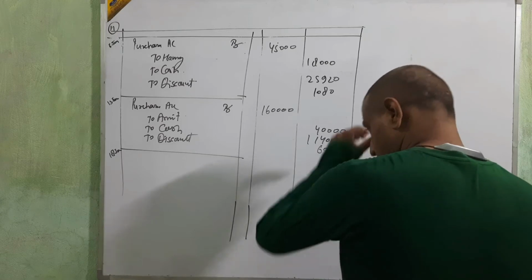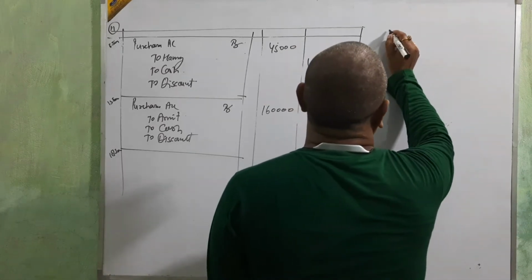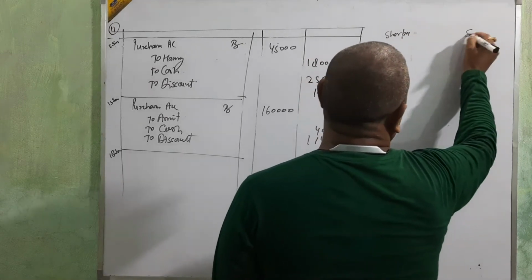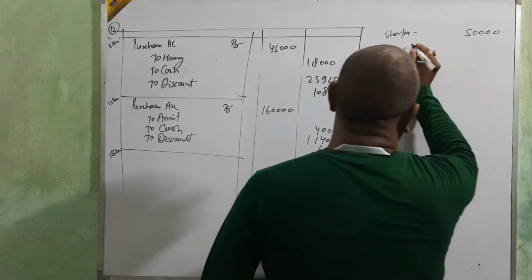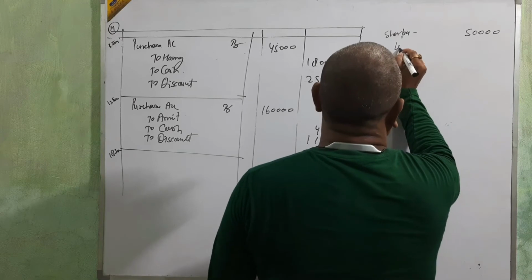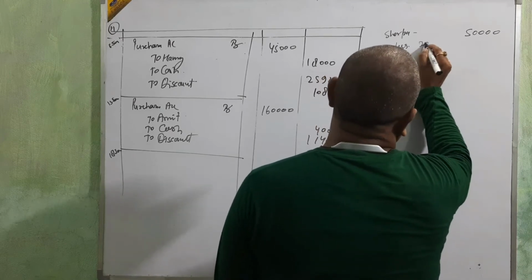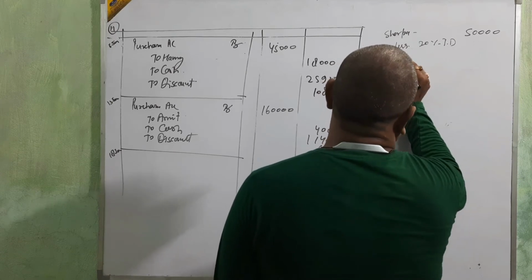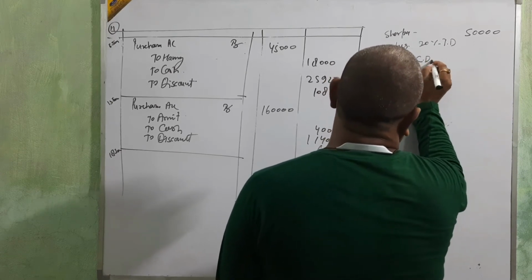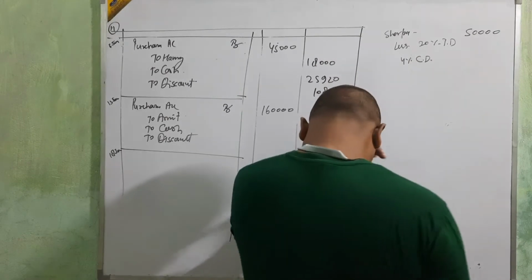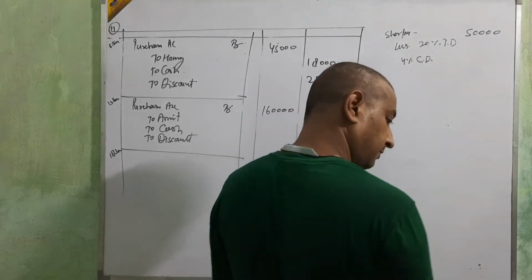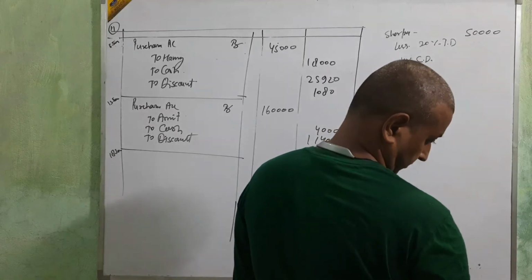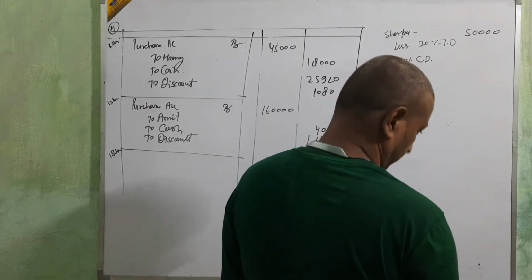Less 20% trade discount and 4% cash discount. If the payment is made within 7 days, 4% cash discount.